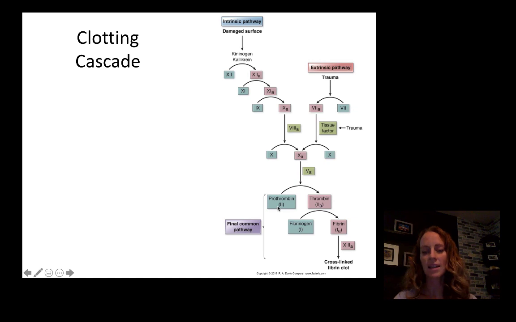Then finally, the prothrombin to thrombin, which leads to fibrinogen to fibrin. So I'm not going to ask you about each one of the factors now, but these may come up later for you clinically, so it's something to keep in mind. The most important part is the formation of the fibrin mesh, which ultimately forms that platelet plug and the clot.